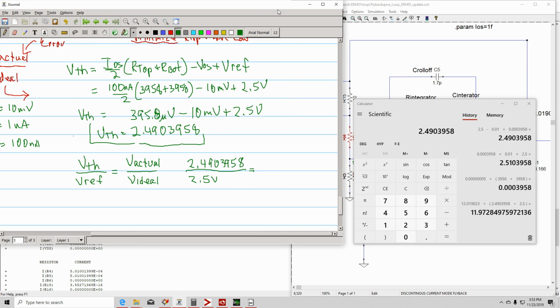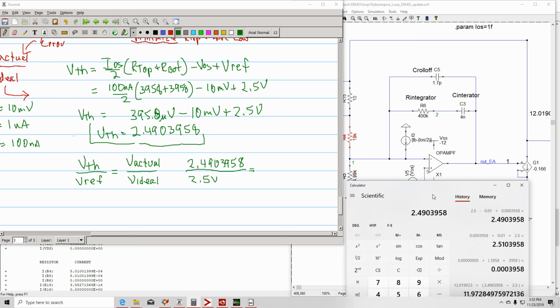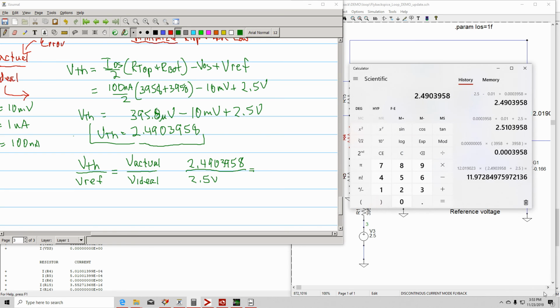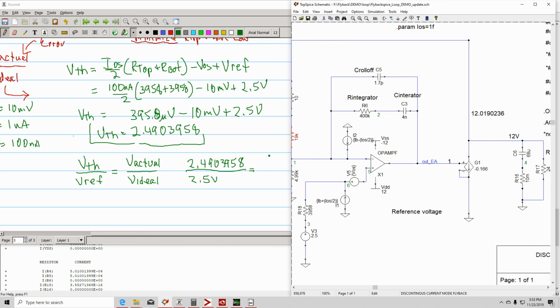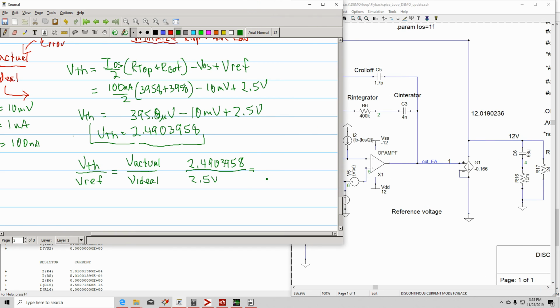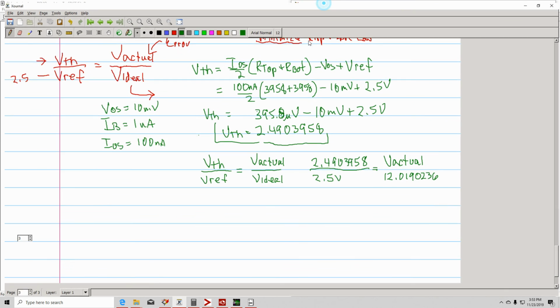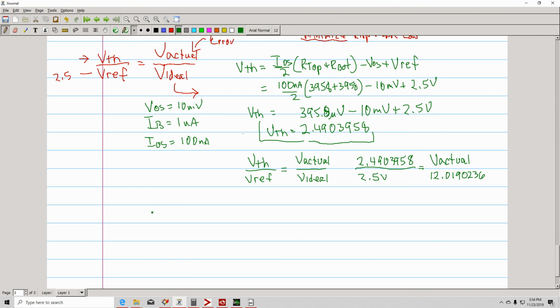And then we said that the ideal voltage is 12. In other words, this is the ideal voltage if you don't have any errors. Okay, so now this is the actual voltage due to the parameters.